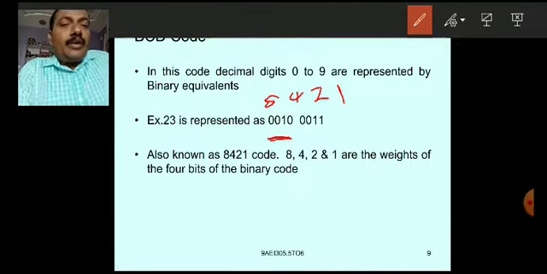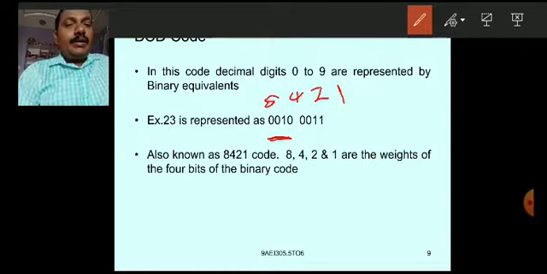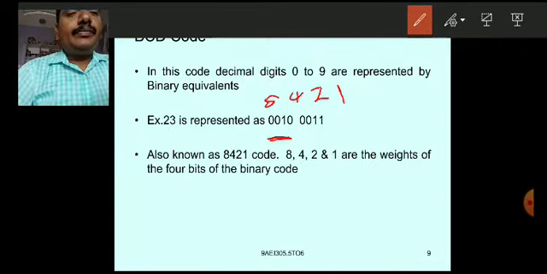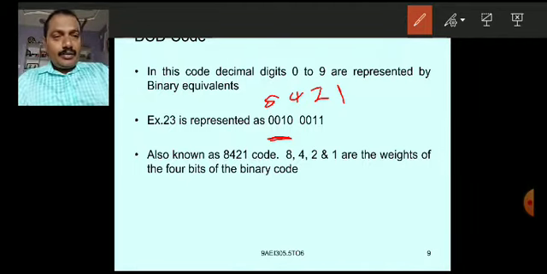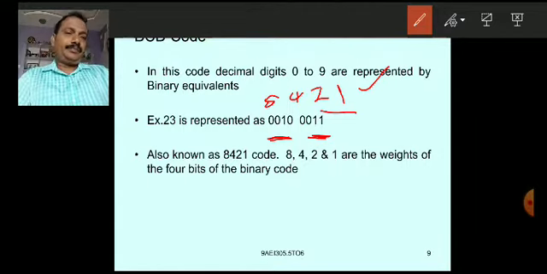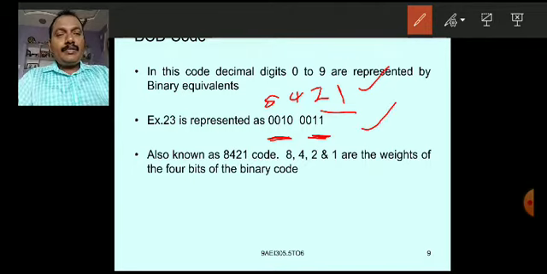That is the way you have to write. For 2 means 0010. For 3 means 2 plus 1, 0011. These two positions are 1s, hence 2 plus 1 is 3. Hence 23 is represented as an 8-bit BCD code.